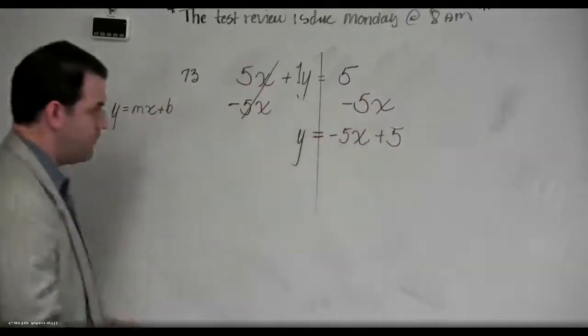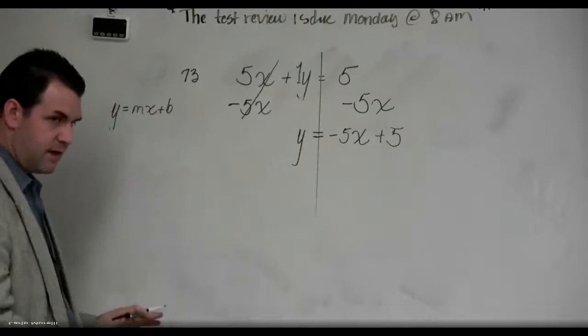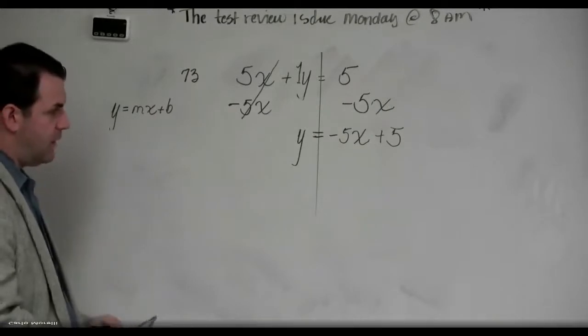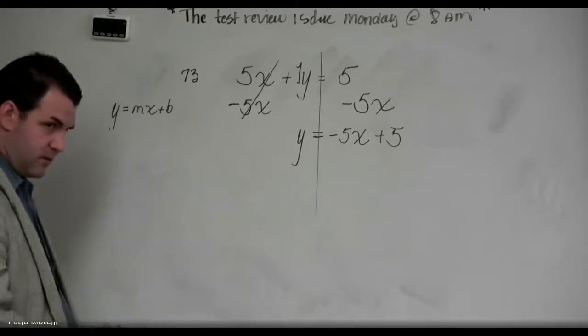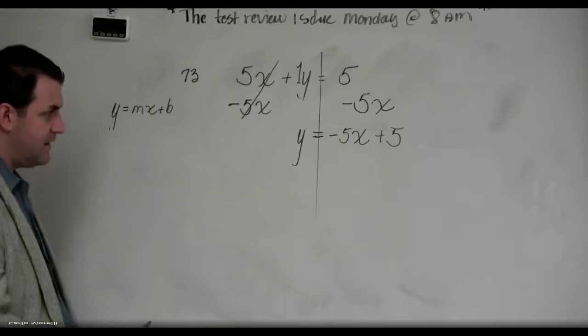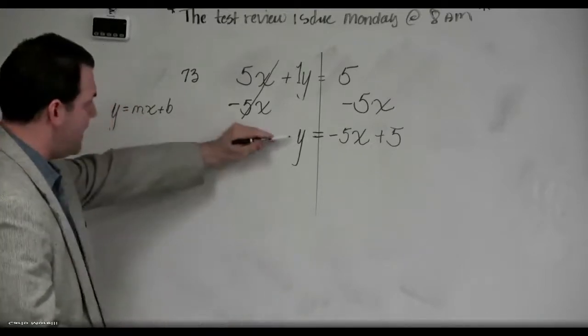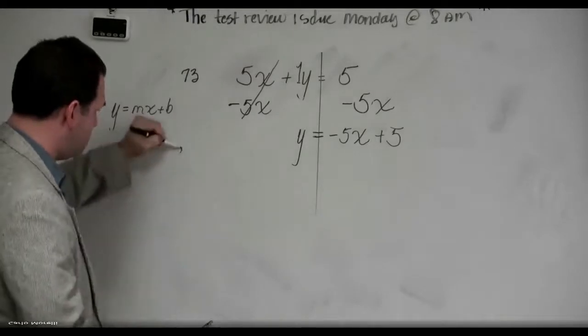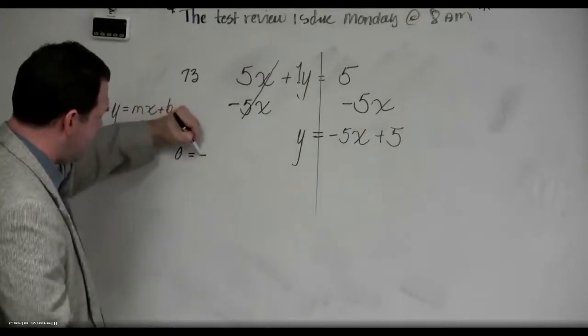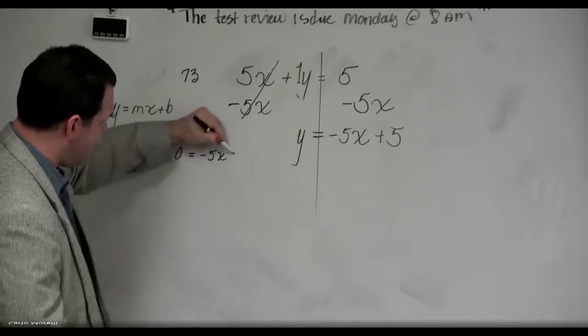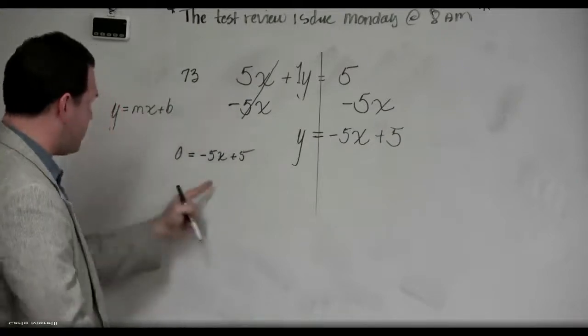Now there's multiple ways to figure out what this looks like. One way is to find the x and y intercepts. So if I want to find the x-intercept, I will replace the y with a 0, and that's going to equal negative 5x plus 5, and just solve for x.